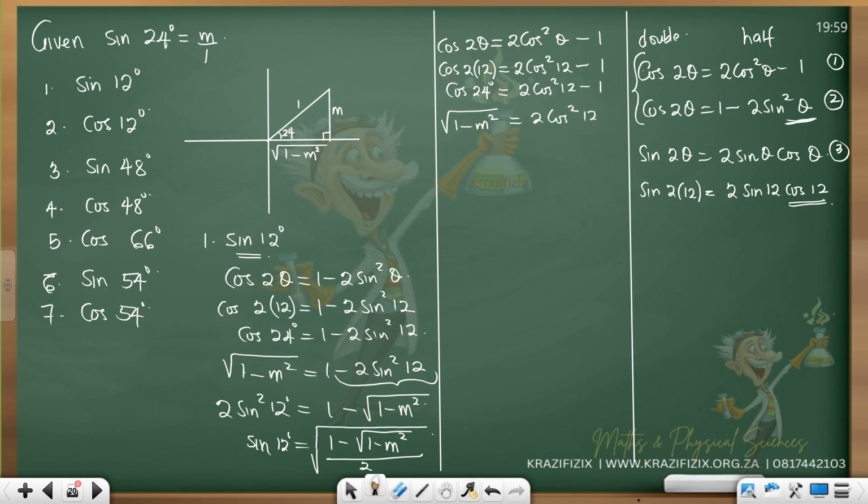We do the maths. The negative 1 comes over. It becomes 1 minus m squared plus 1. What do we do? We divide everything by 2, and then we find the square root.